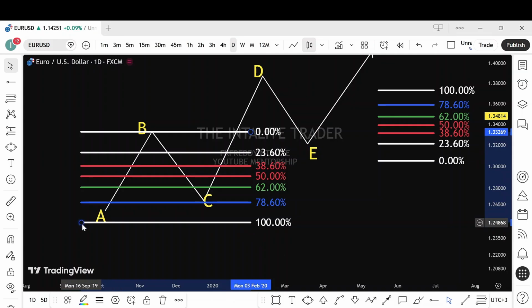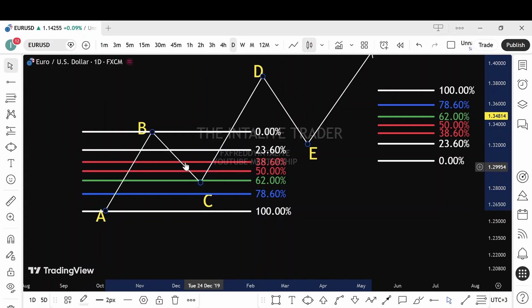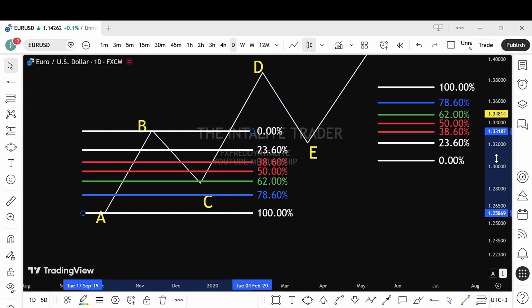100 should touch where the move started from. That is where 100 should touch. And the 0 should touch where the move stopped to start pulling back. Why?